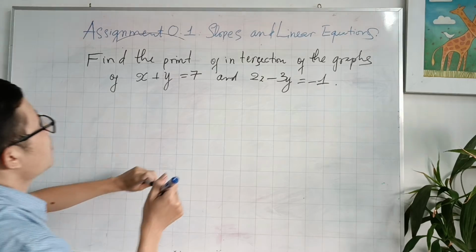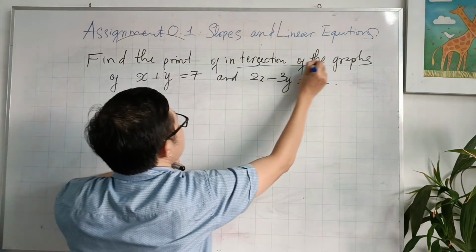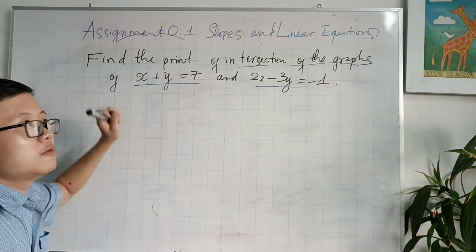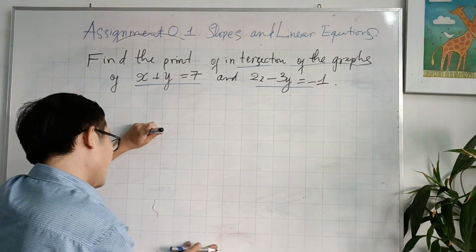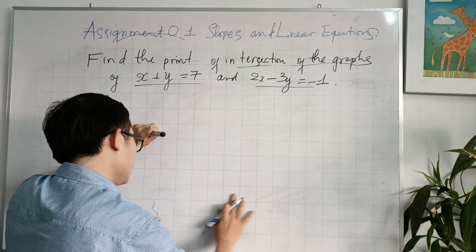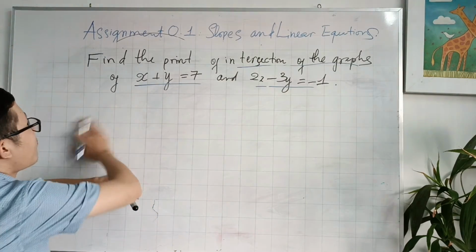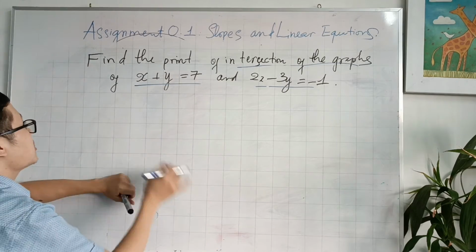When you want to find the intersection of two graphs, it is the point that satisfies the system of equations of the two equations.